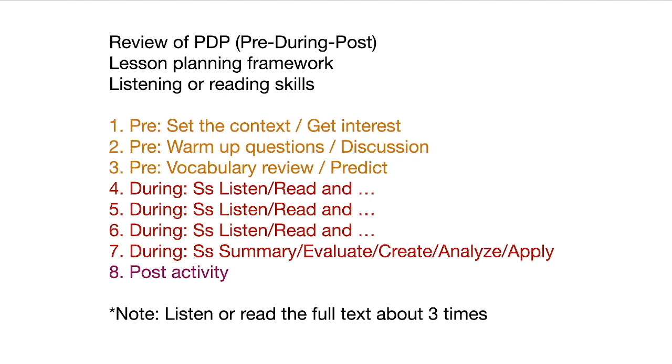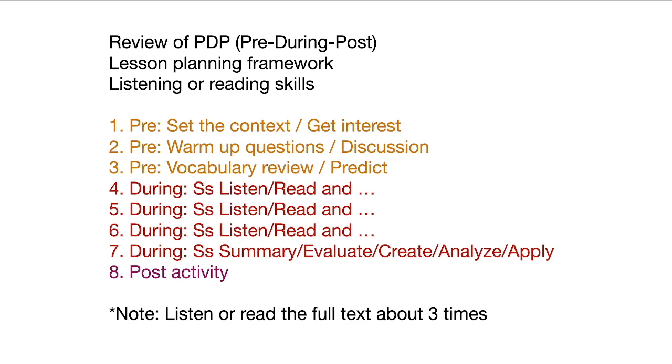Now, in the during stage, we suggest about 4 steps. At the beginning, students listen or read and do something, perhaps something general or easy, related to the gist or the general meaning of the text. And then in steps 5 and 6, you can start to get more detailed with different types of activities, different types of materials, focusing on different aspects of the text.